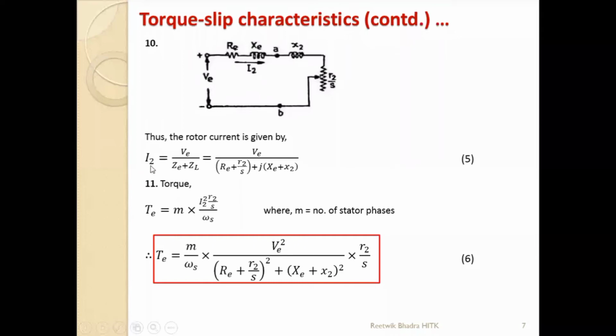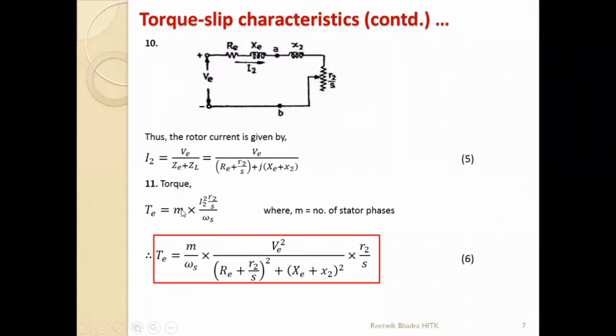Now, I2 is your rotor current per phase, and when we find out the torque or power, we have to find out three phase. So torque TE is equal to m times that, where m is the number of stator phases. It will be replaced by 3 since we are studying a 3-phase induction motor, into PG by omega S. m into PG by omega S was the torque equation. So PG is I2 square R2 by S.